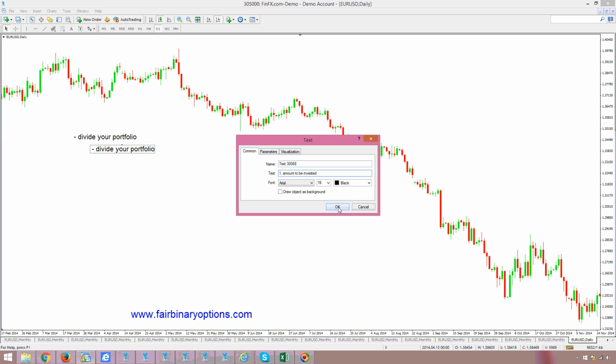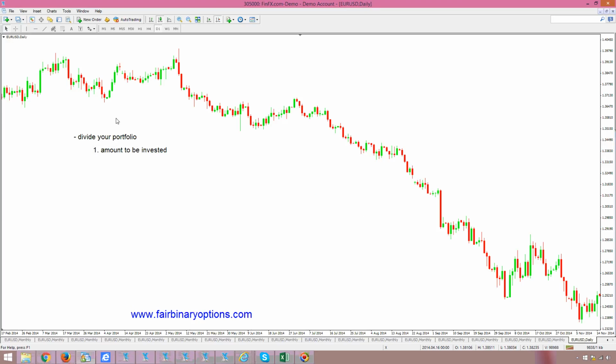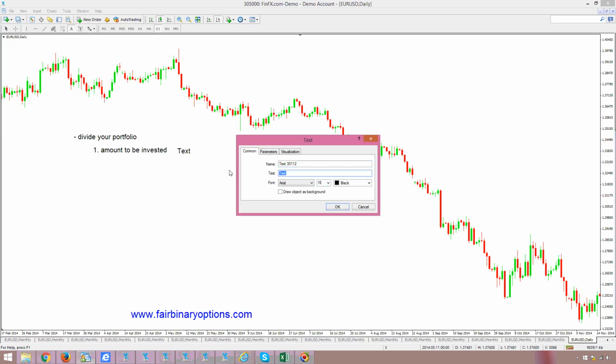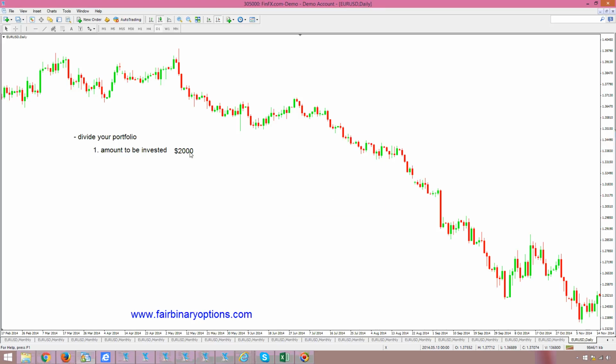Let's give an example: let's say we are investing $2,000. Basically, this is the amount of money that we have in our trading account.